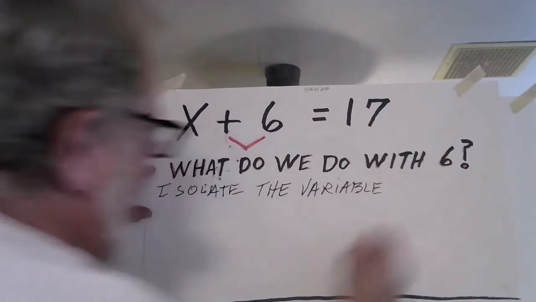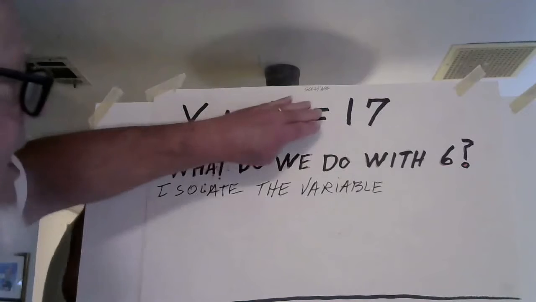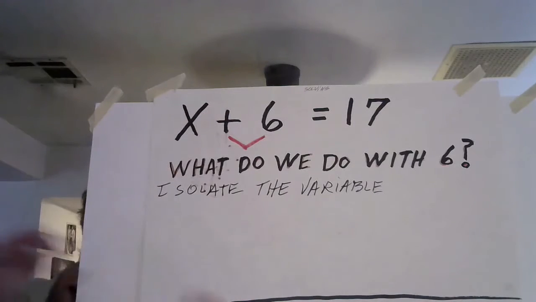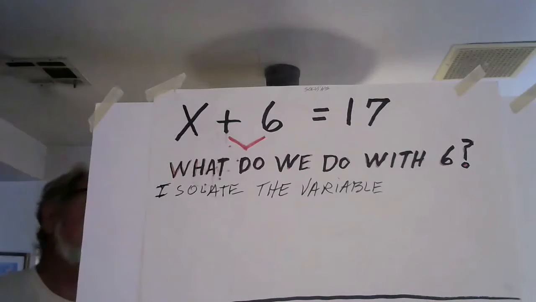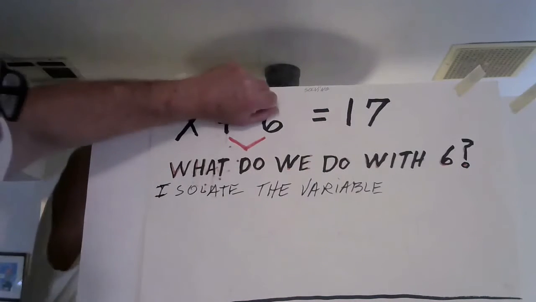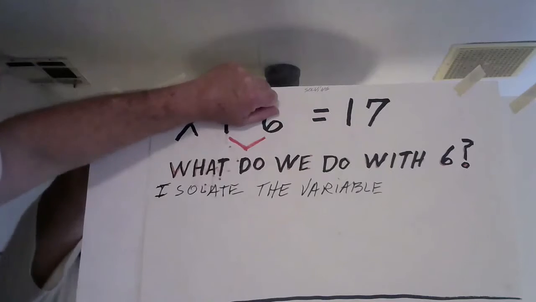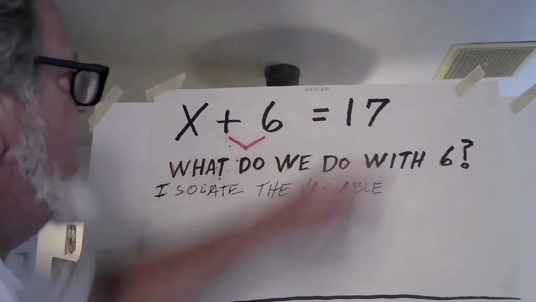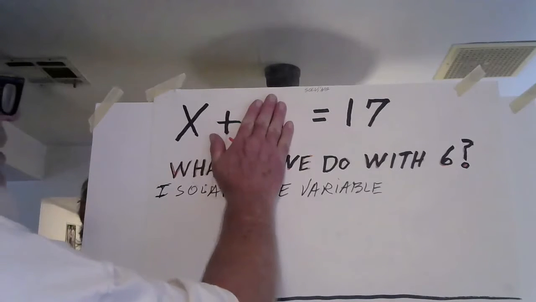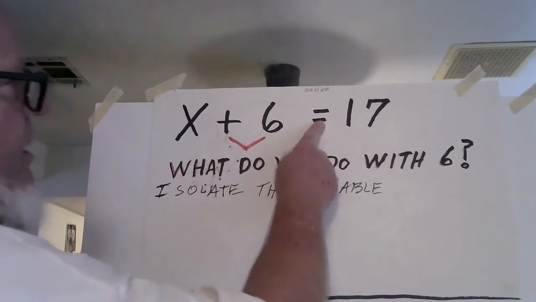You isolate the variable on one side of the equation. And then the other law of solving an algebra problem is whatever we do on this side of the equal sign, we have to do on this side of the equal sign. If all we did was take away 6, this would no longer be an equal sign. That would be all out of balance.